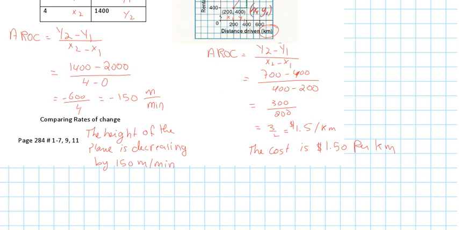That means you're going to have to pay $1.50 for every kilometer you drive. Does that make sense to you guys? What's under the 2? 2. 3 over 2. When you reduce 300 over 200, that would be 3 over 2. Are we okay with this?